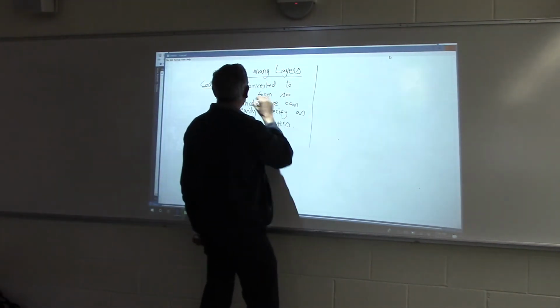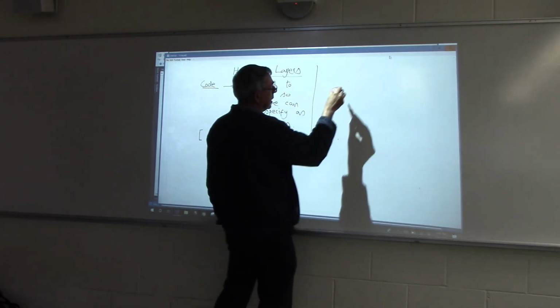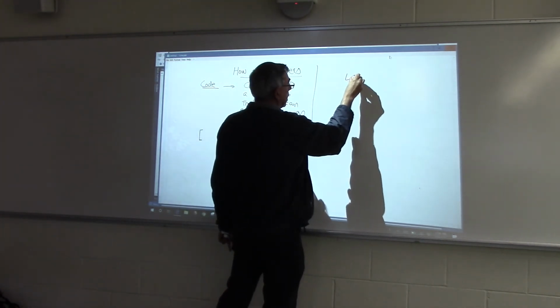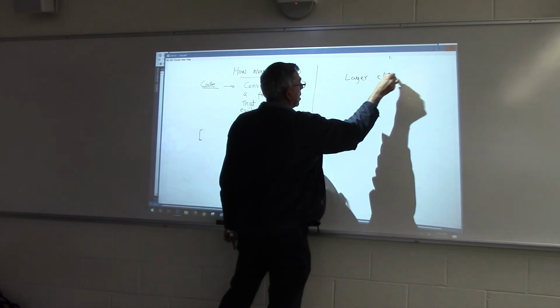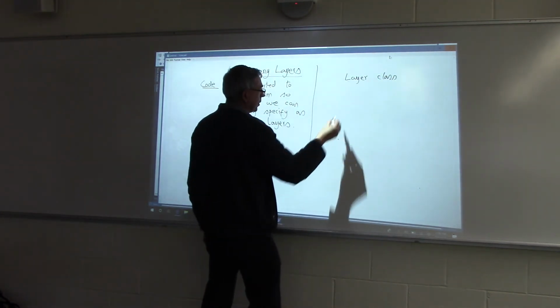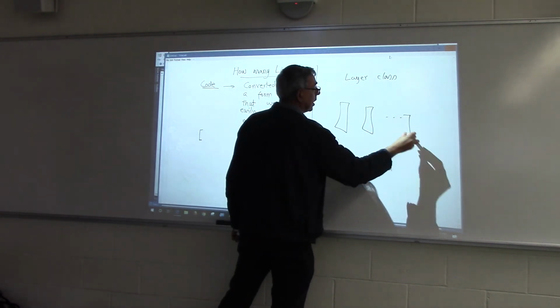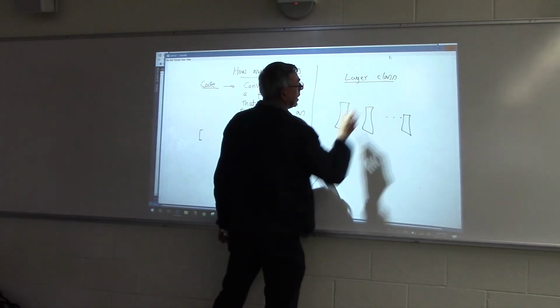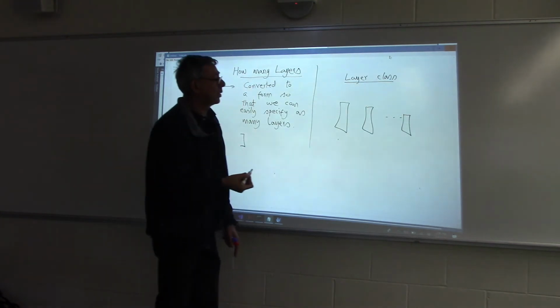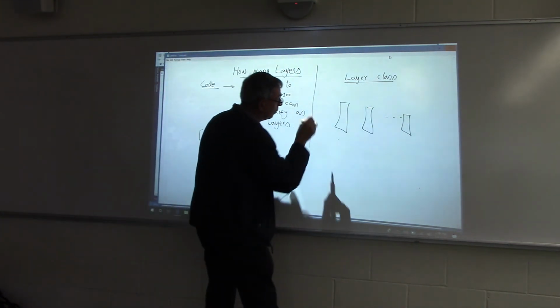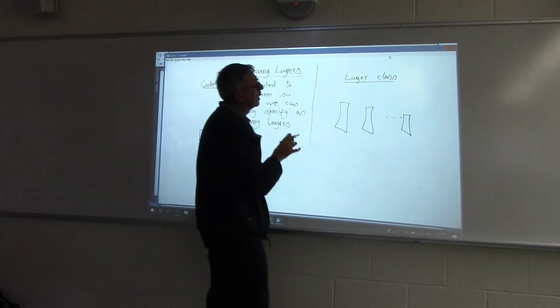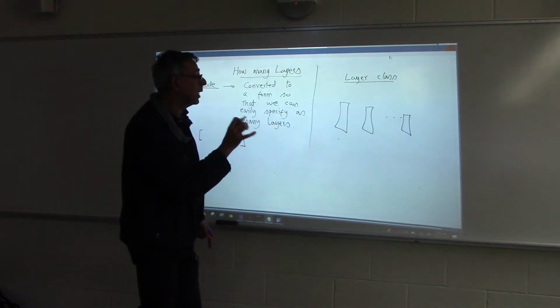The way I've developed it is, we'll have a layer class. It doesn't matter how many layers we want, how many neurons we want. In this layer class, what kind of fields would we like to have?